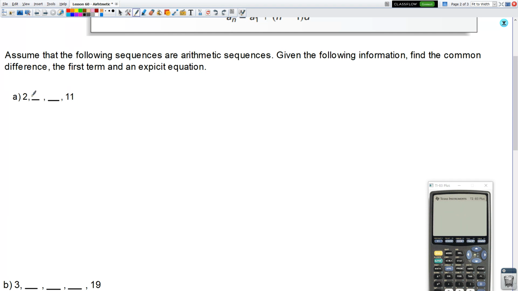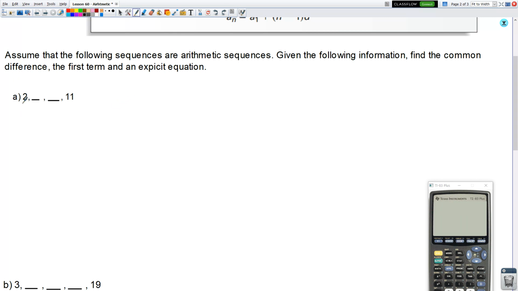We don't know what the second or the third term is. In this example, it says that we assume the following is an arithmetic sequence. We want to find out what the common difference is, what the first term is, and what the explicit equation is.